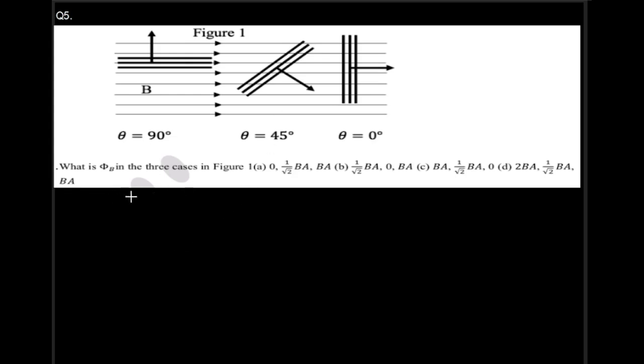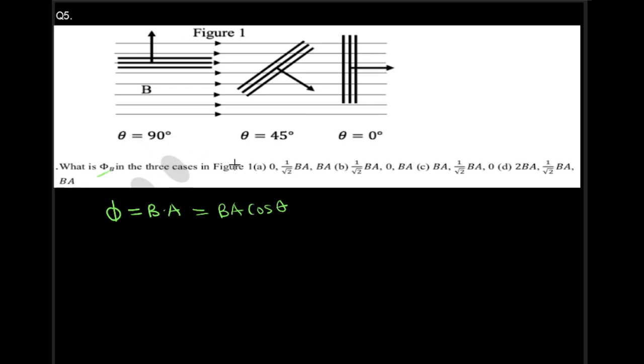Now for the next question here, they said, what is the magnetic flux? That's what we have here in the three cases. All you need to make reference to is that magnetic flux, remember we said, is equal to B dot A, which is BA cos theta. Now theta was given to us in all the cases.